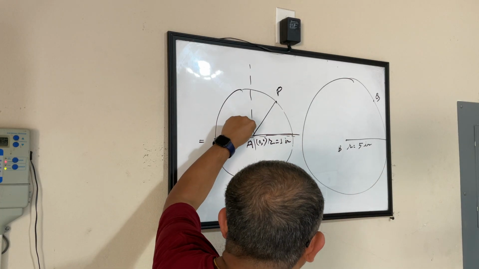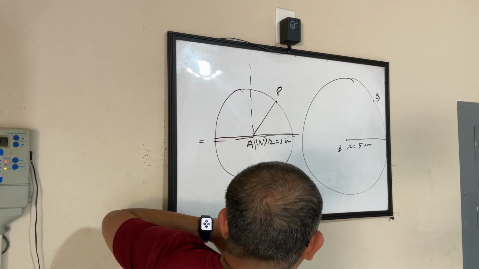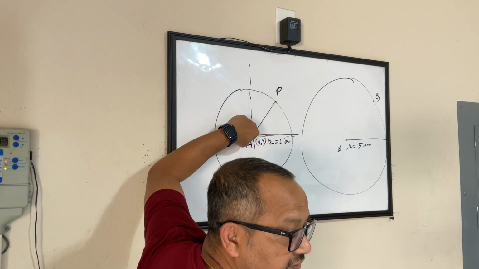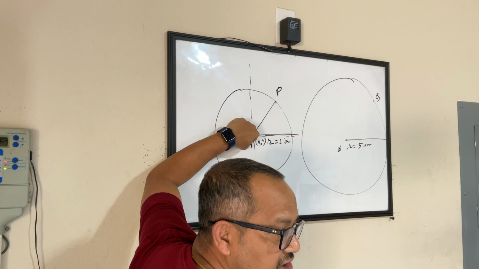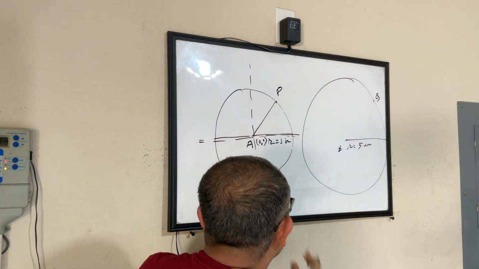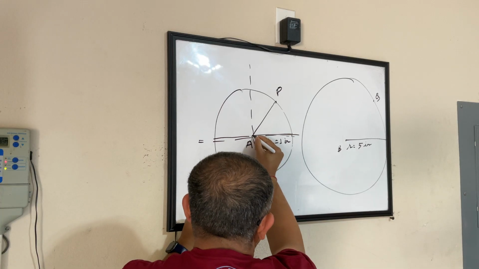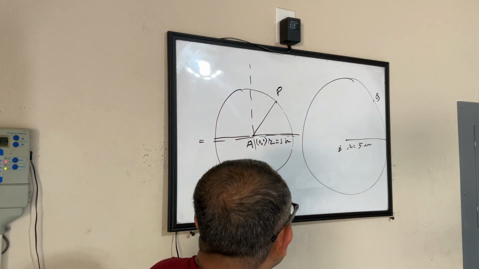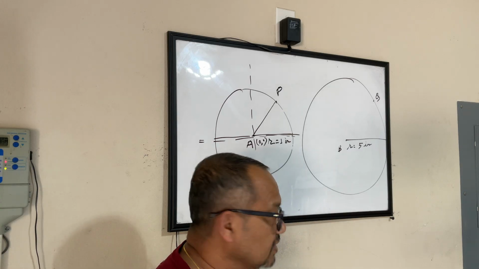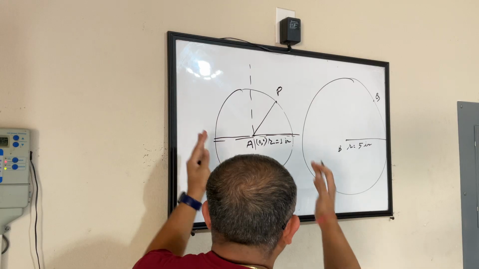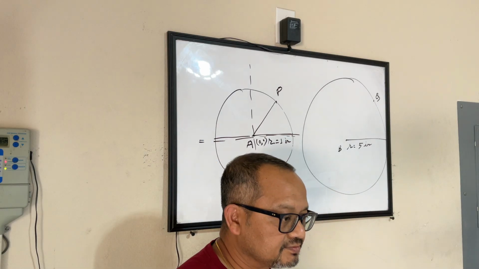In the case of the unit circle, the radius is 1 inch and the center of the circle is coinciding with the origin of a coordinate plane. So I am visualizing this unit circle in a coordinate plane where this is 0, 0, and I have taken a point P and I am trying to find out the coordinates of this point P when I visualize this in a coordinate plane.